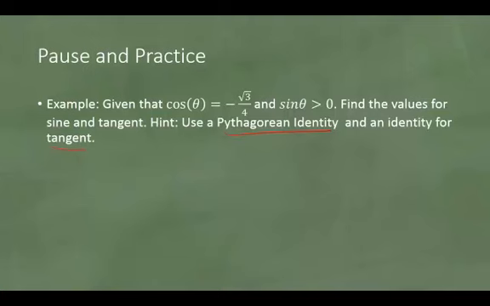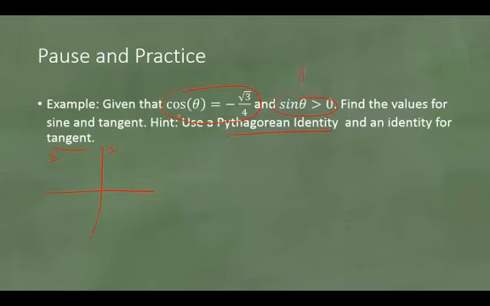Alright, so if we know that cosine theta is negative square root of 3 over 4 and sine theta is greater than 0, notice the signs of these things right here. Sine theta is bigger than 0, which means that the y value is positive, so we're looking at either quadrant 2 or quadrant 1. And cosine theta is negative, which means the x value is negative.